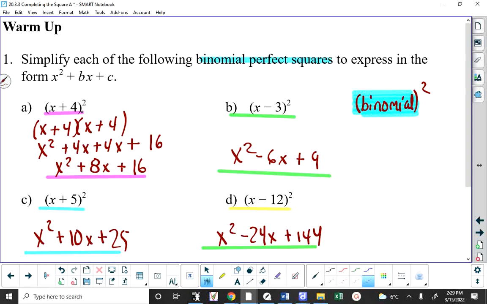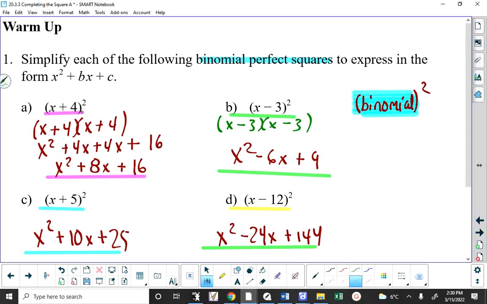I'm not going to do this for all of them, but if I were to write out x minus 3 times x minus 3, and I applied the FOIL rule, I would take x times x, and that gives me my x squared. I would take x times negative 3, which is negative 3x. I would take the other x times the negative 3, which gives me a second negative 3x. So I get negative 3x and negative 3x, which is where the negative 6x comes from.